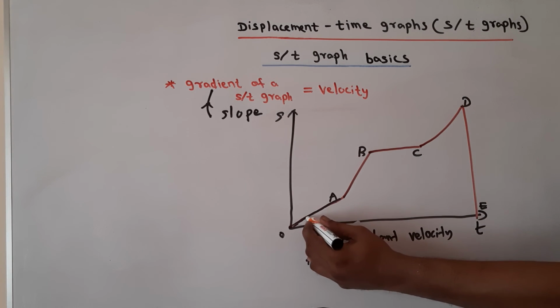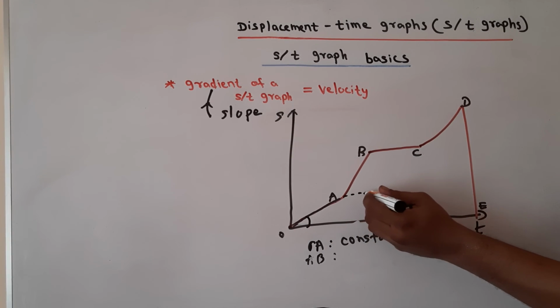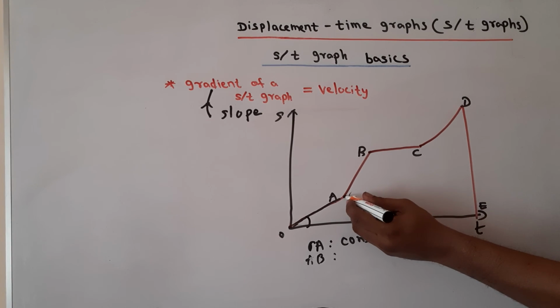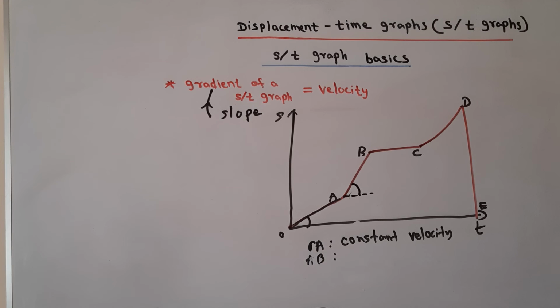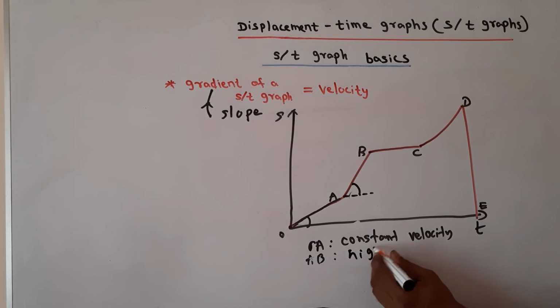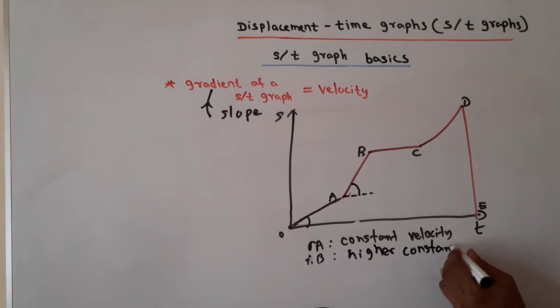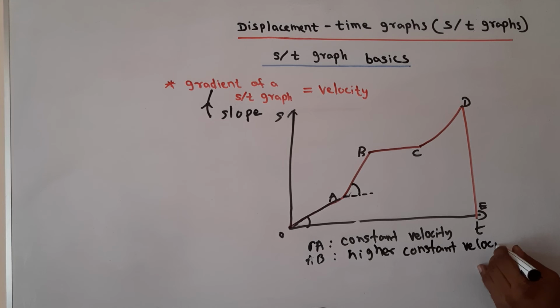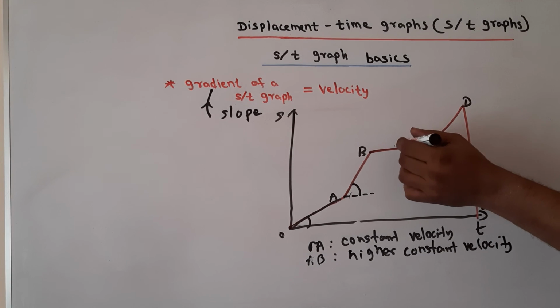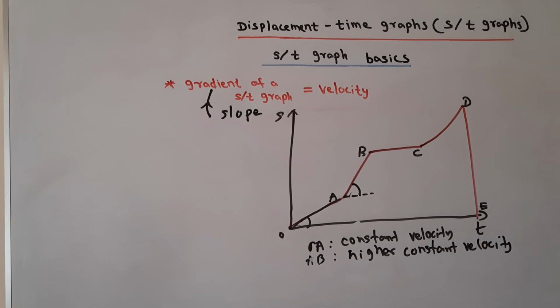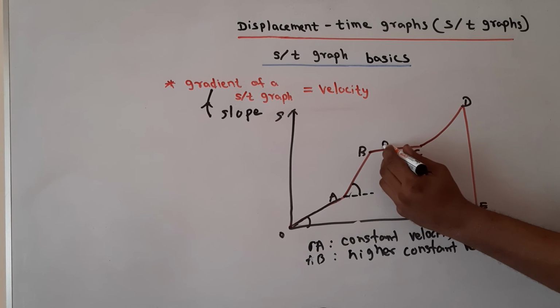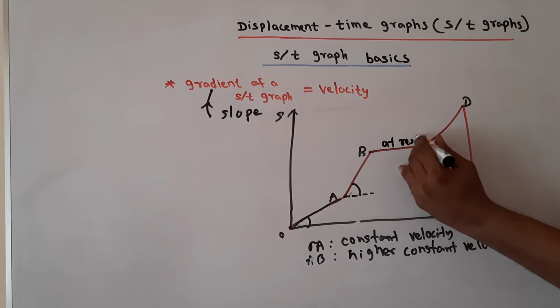Now look at this angle to the horizontal, it's much greater. Therefore, AB must be a higher constant velocity. And BC is a flat line. Therefore, this is at rest.